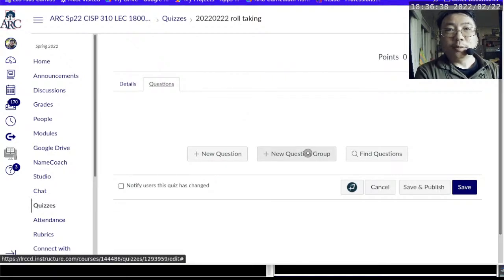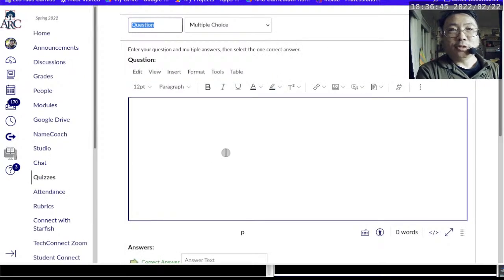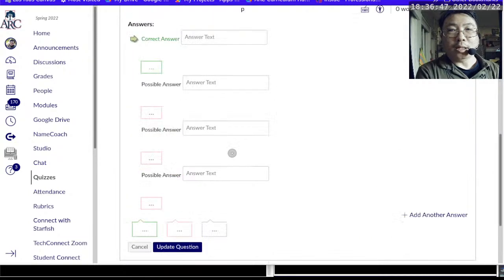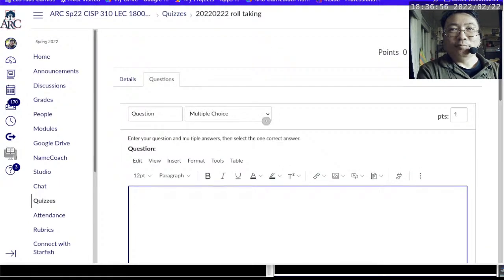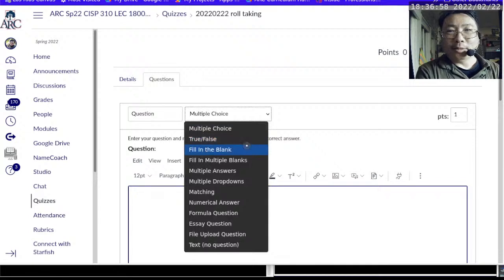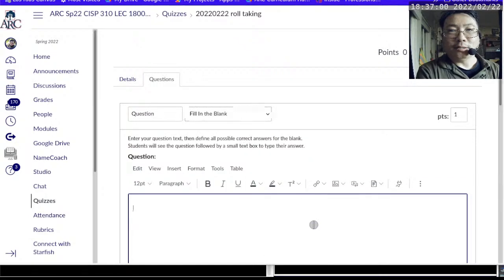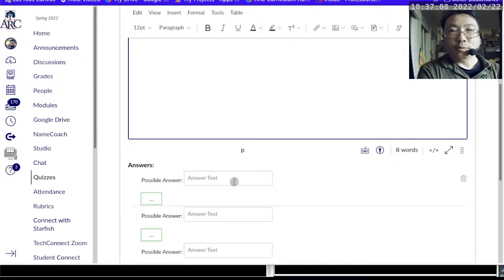This is one really annoying point of Canvas: once you create a question, if you don't click update question and you go all the way to save, it doesn't save it. I have made this mistake multiple times, unfortunately. Okay, so we're going to do this here. What is the roll taking word for today? Fine, we're going to have to retype the whole thing.